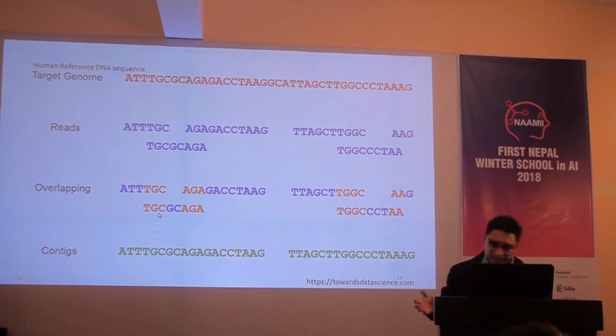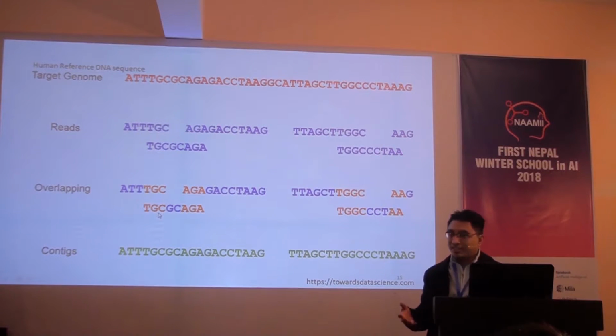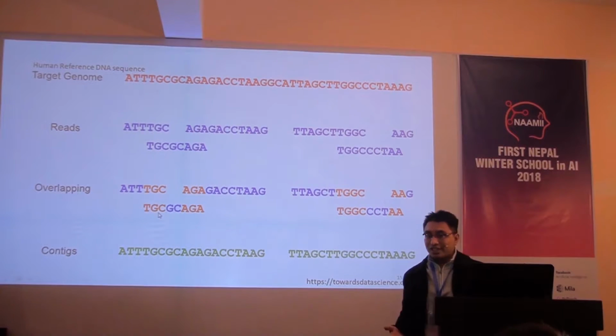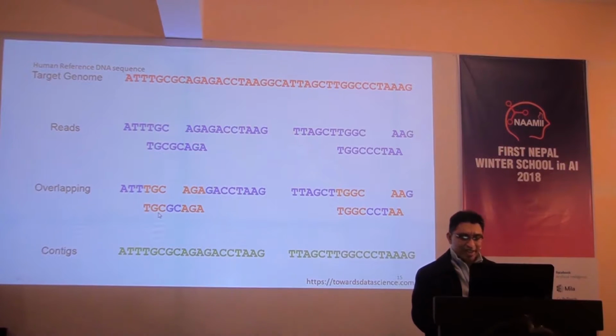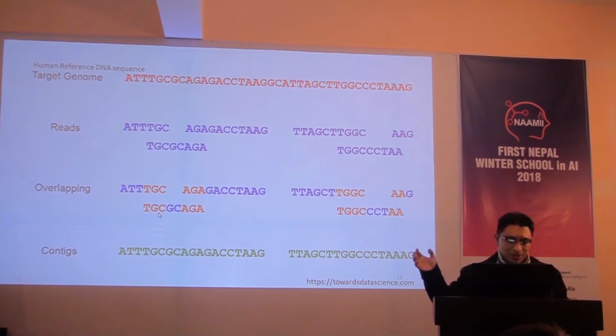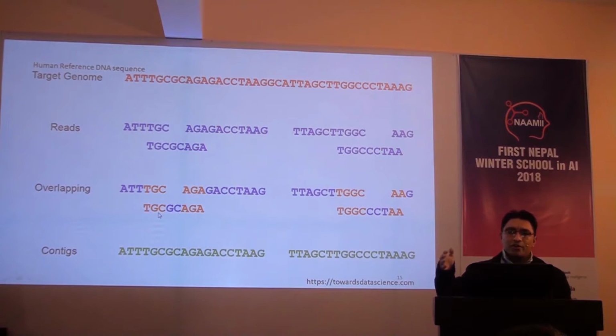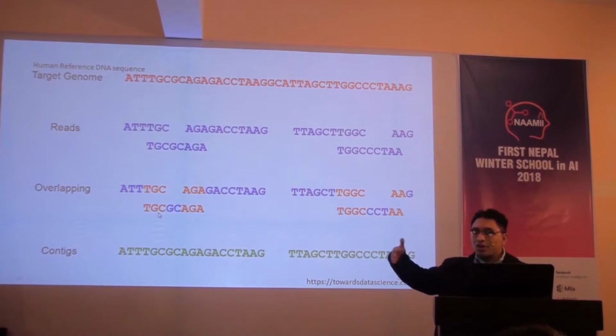I agree that this is a very brief overview. I have not clarified lots of details, which are very complicated to understand in a short amount of time. But I wanted to deliver the message that with DNA sequencing we can know the order of the sequences in the human genome.